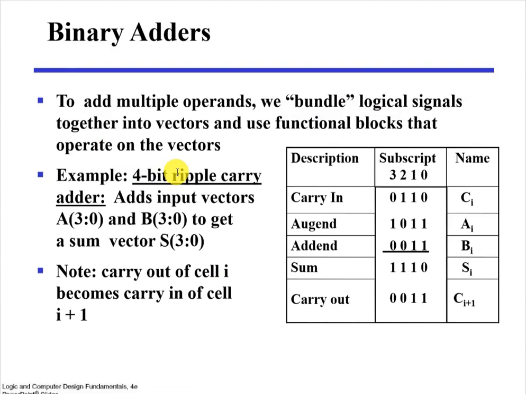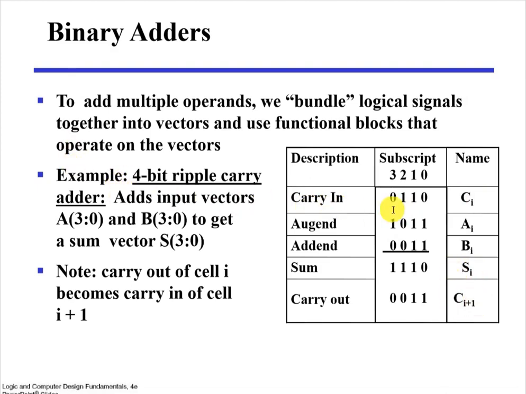The 4-bit ripple carry adder consists of the 4-bit augend and the addend. So A and B, we want to add the 4-bit A to the B, and also we want to consider the C in as a carry in. And then we have the sum and carry out.